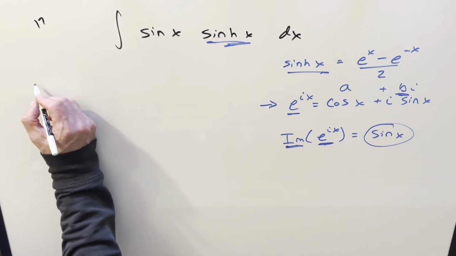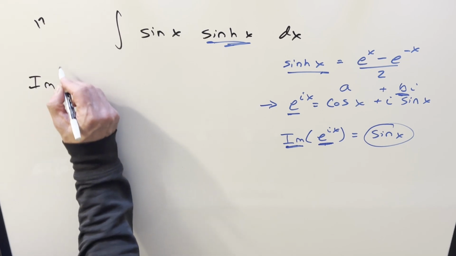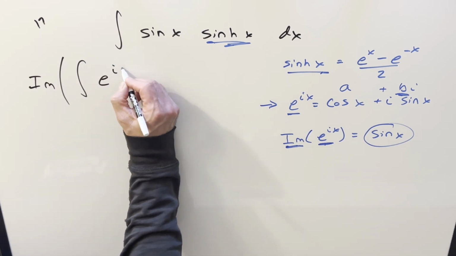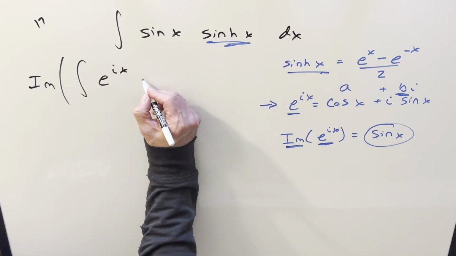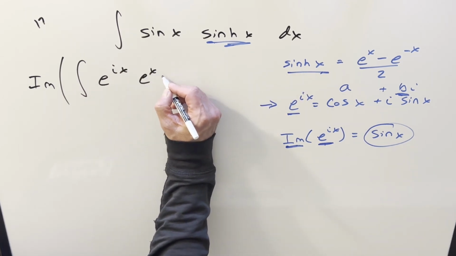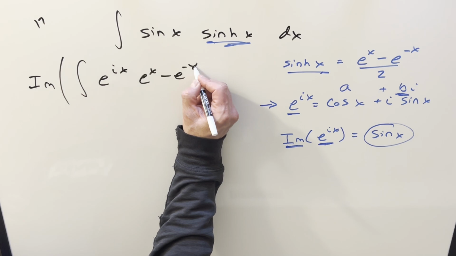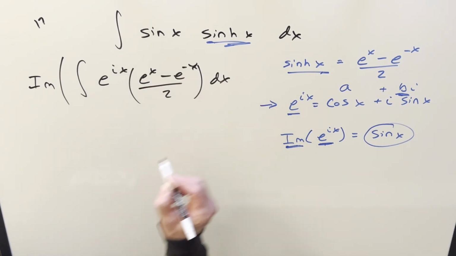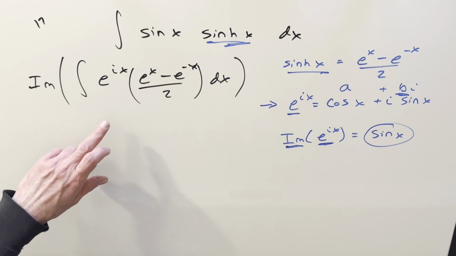So how we can rewrite this is we can say we want the imaginary part of this whole integral, plug in e^(ix) for sine, and get our definition for sinh, e^x minus e^(-x) over 2. And then we'll go ahead and simplify this.